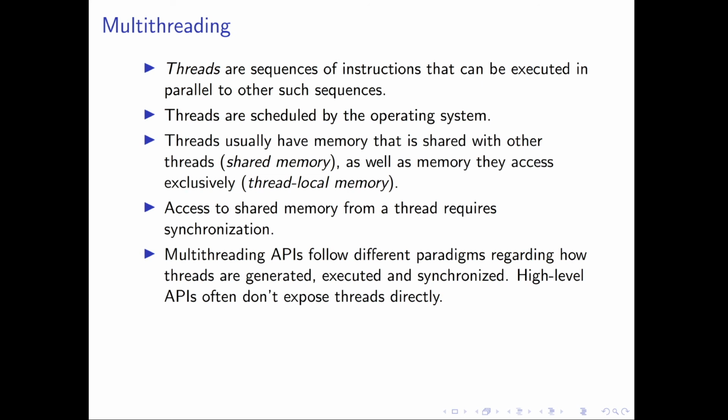There are actually multiple multi-threading APIs, even for single programming languages. We will focus on C++ here, and there are so many languages out there that expose parallelism through multi-threading, and they do it in completely different ways.